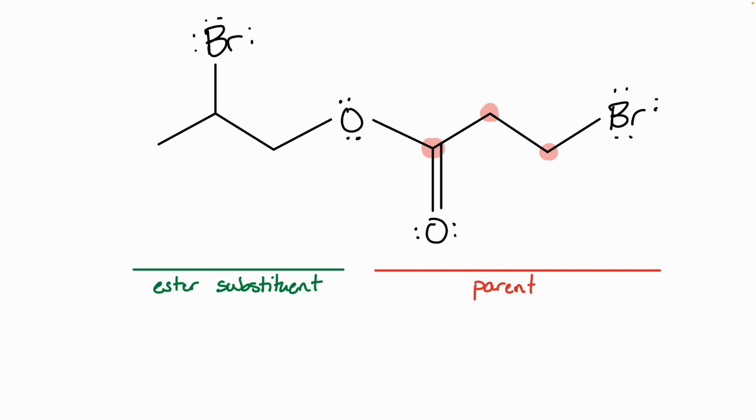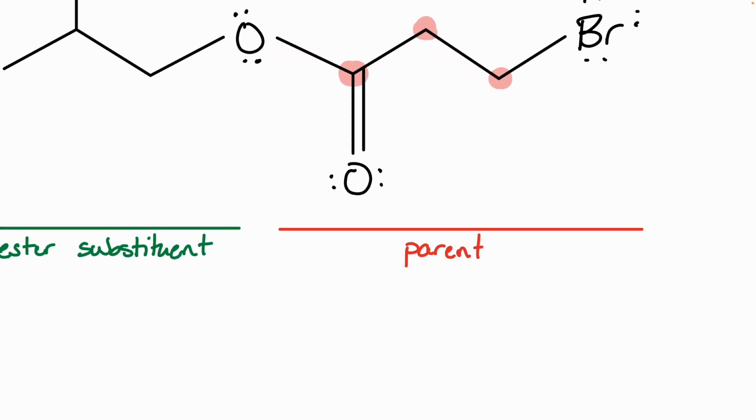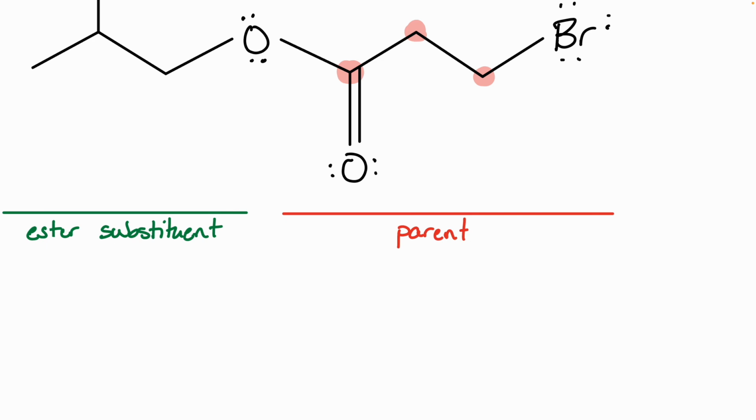All right, so again, everything on this chunk here is going to be summarized in that second half of my name, my parent chain portion of my name here. And my carbonyl carbon is always carbon 1. So this is 3-bromo, that prop for my 3 carbons, propanoate.